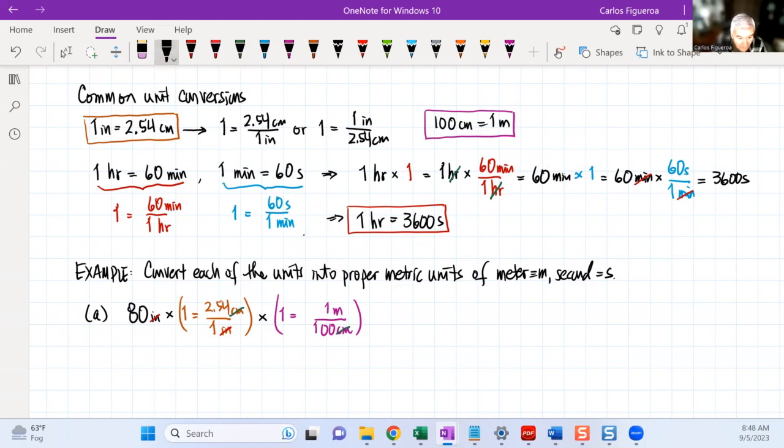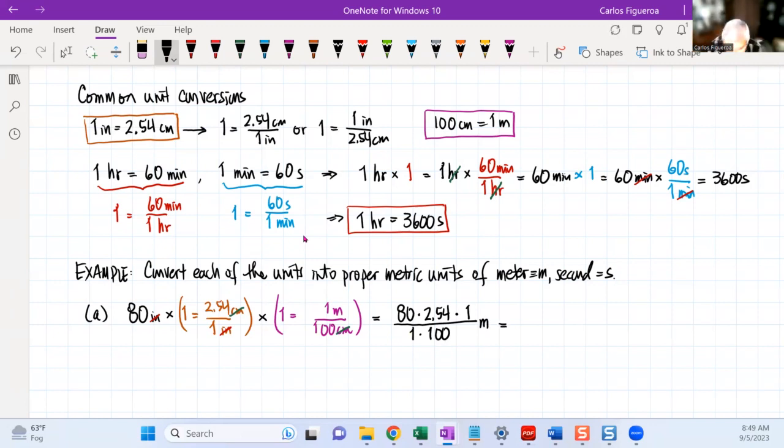So now, if I look at this whole thing here, I am now multiplying everything at the top, which will be 80 times 2.54 times 1. And then I'm going to look at everything in the denominator, which will be 1 times 100. And the only unit left is a meter.